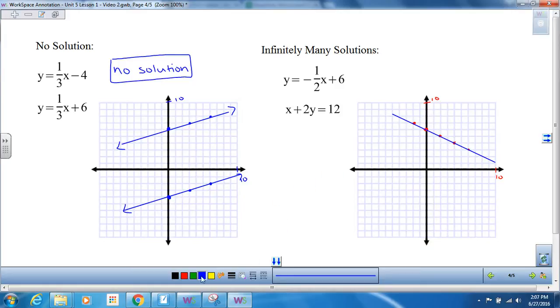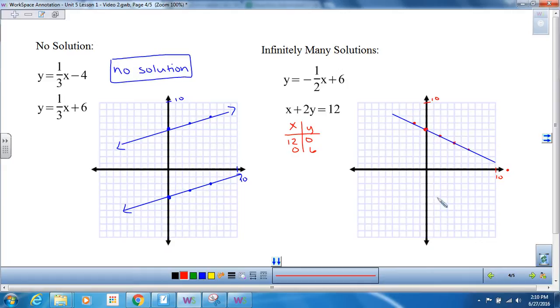Then we want to find our x and y intercepts of the second line. So this will be 12 and this would be 6. So 12, 0 would be about right here, and then right here.